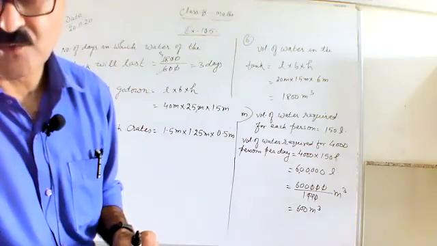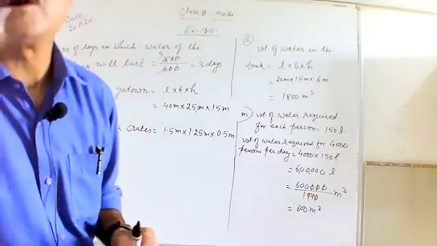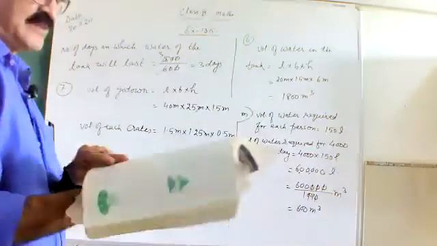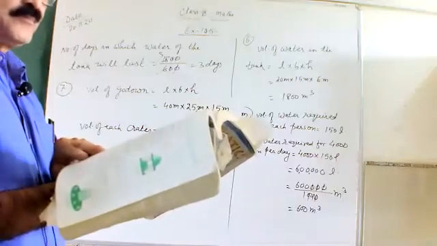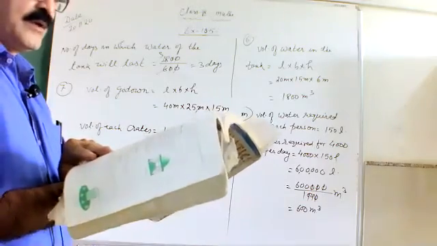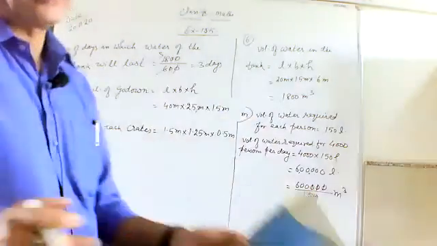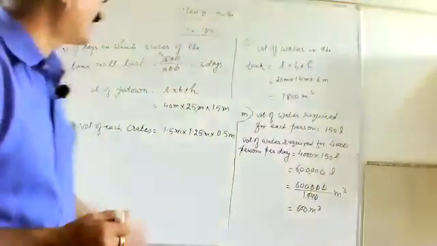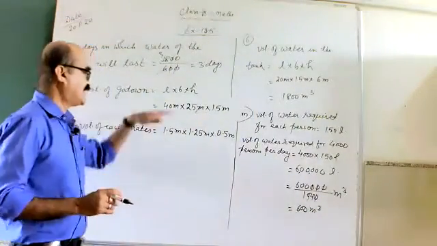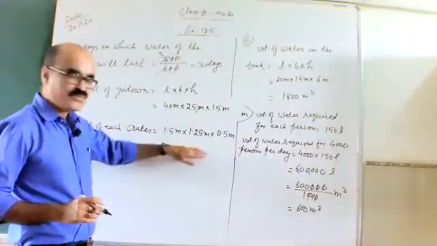So, what we will do? It is given how many crates can be stored in the godown, so we'll just divide this volume by this volume, right?